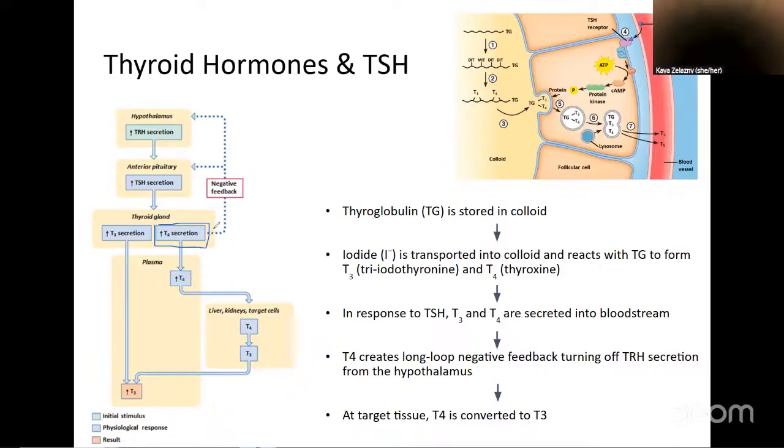That's not good either. All right, so we go back. We have this long loop feedback to the hypothalamus. So this is negative feedback. So once we have enough T4, we turn off this signal coming from the hypothalamus. Okay.